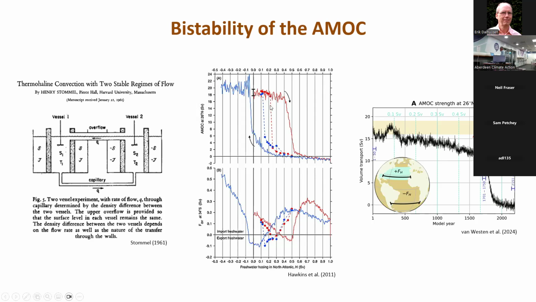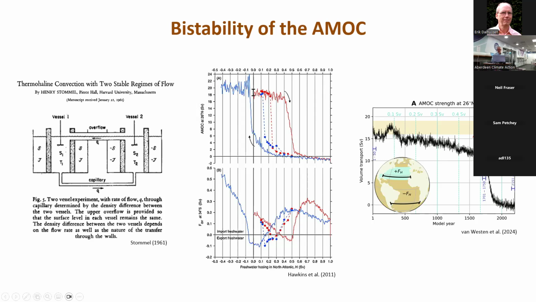So this is a big concern, that the AMOC might be approaching one of these tipping points induced by fresh water in particular. This idea of switching from a thermally driven regime to a haline, salt-driven regime was shown again in a very recent paper by Van Westen et al.